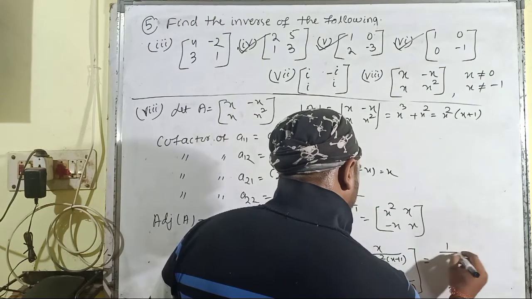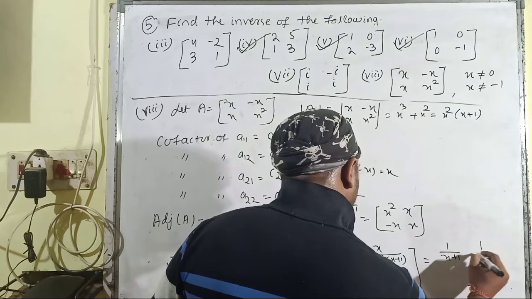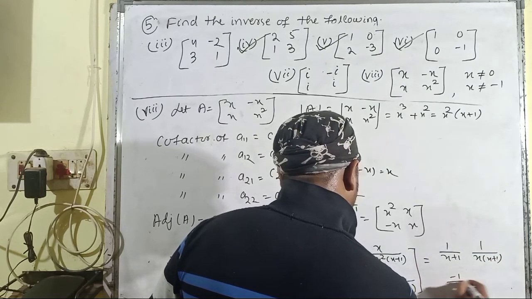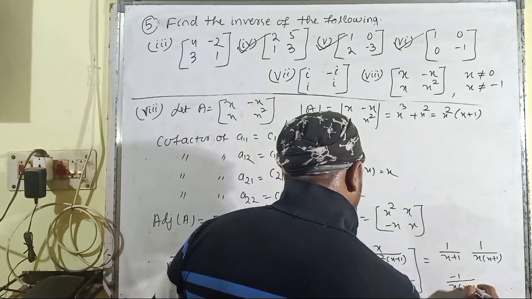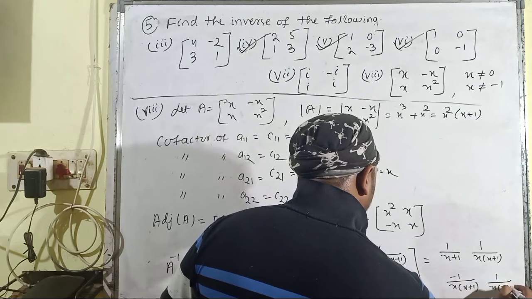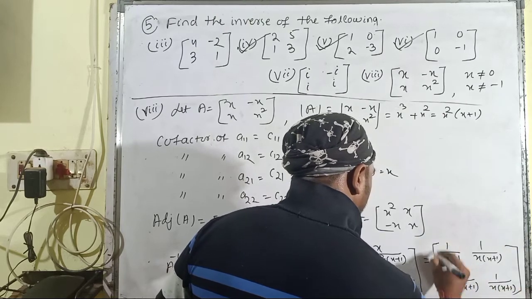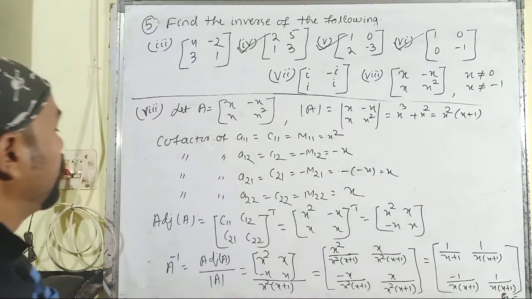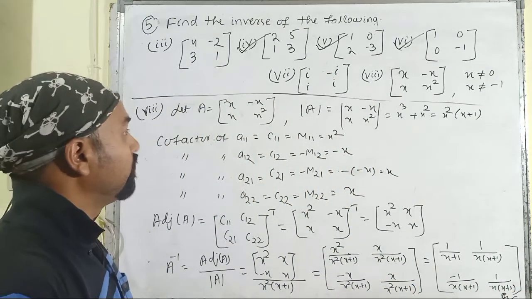Then it is 1 by x plus 1, then 1 by x into x plus 1, then minus 1 by x into x plus 1, then 1 by x multiplied with x plus 1. And here it is the final solution for the last problem.